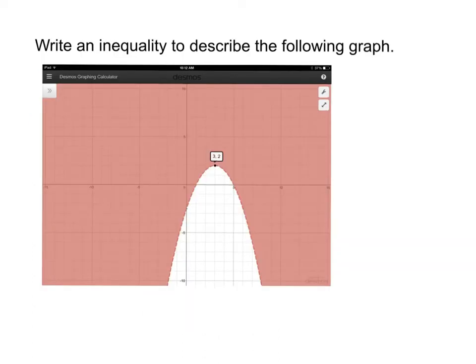Here's the last one. Write an inequality to describe the following graph. So first we're going to write an equation just for the boundary line. So we're going to do y equals a(x minus p) squared plus q, vertex form for a quadratic function.